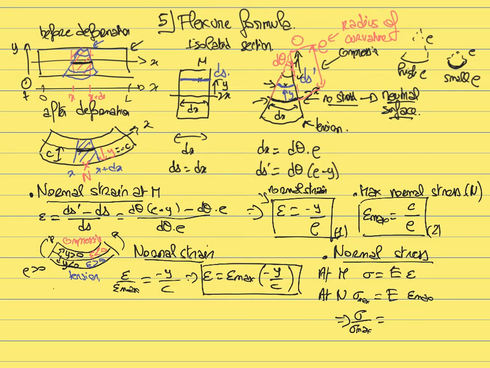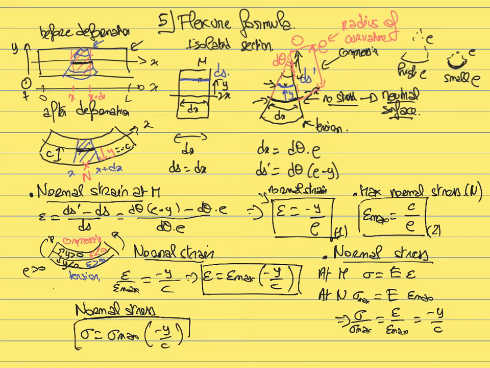The Young's modulus disappears, so I just get the normal strain divided by the maximum normal strain, but we already said that this is equal to minus y over c. So that gives me another way to define the normal stress. The normal stress sigma is equal to the maximum normal stress at the very bottom of the beam times minus y over c. So that's another expression that I can use for the normal stress.